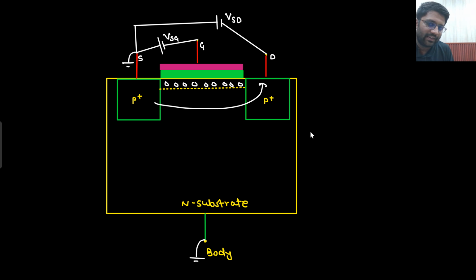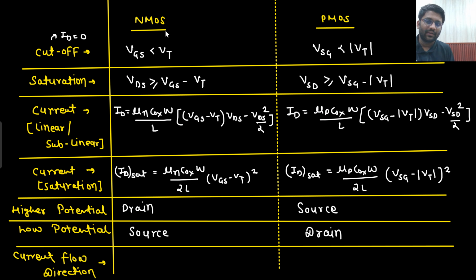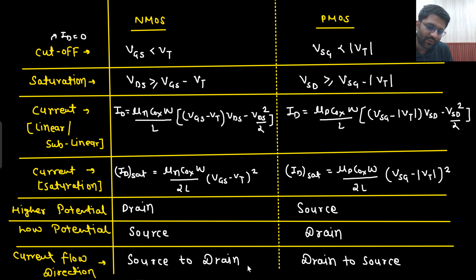So holes were traveling in this direction, so in the same direction current would be there. So current is flowing from drain to source in NMOS, and in PMOS, current flows from source to drain. And you can remember in this manner, the current flows from low potential to higher potential only. No? Sorry, higher potential to low potential only.